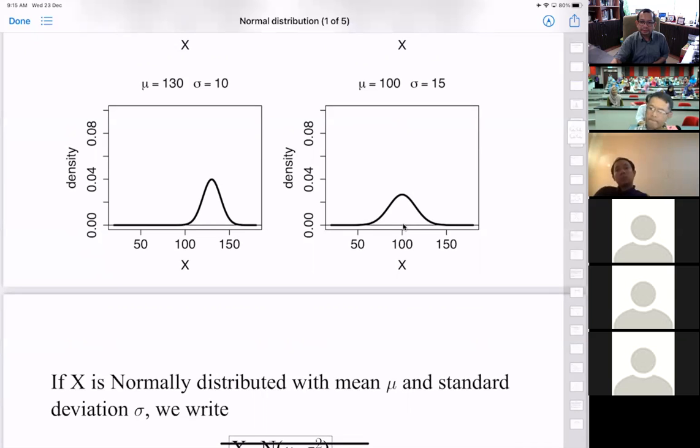When we increase the standard deviation, the curve becomes fat and the density reduces. This one has higher density because the standard deviation is less. So I hope you understand the purpose of quality improvement is to reduce variation. When we reduce the variation, of course the standard deviation reduces, and the density will increase.